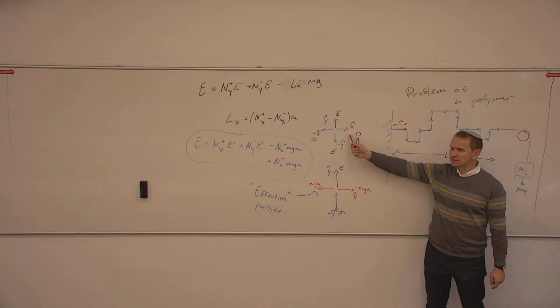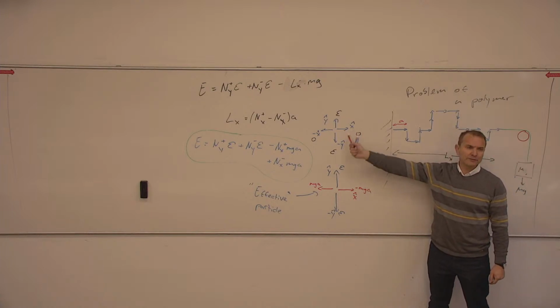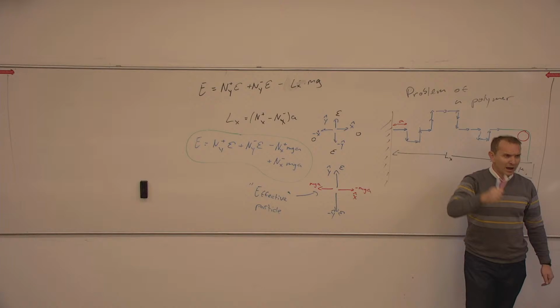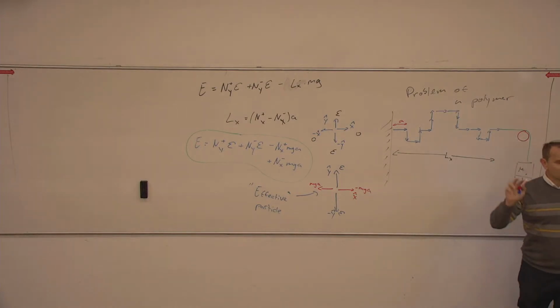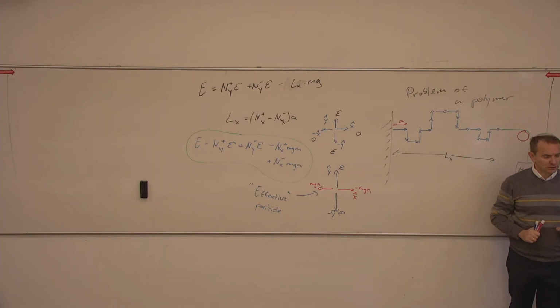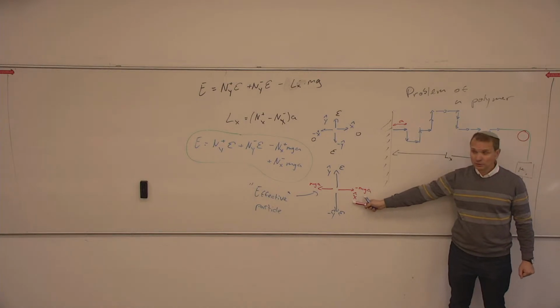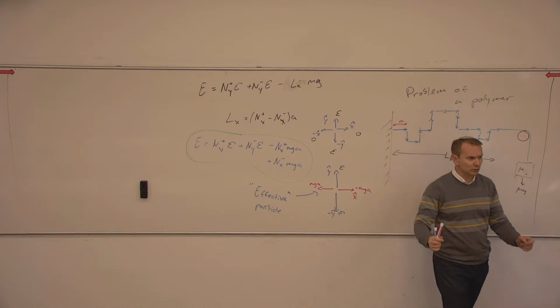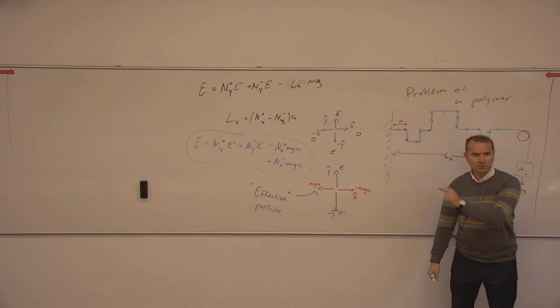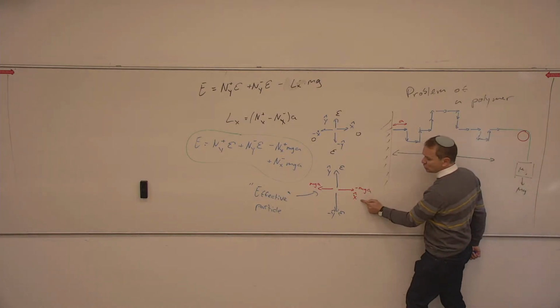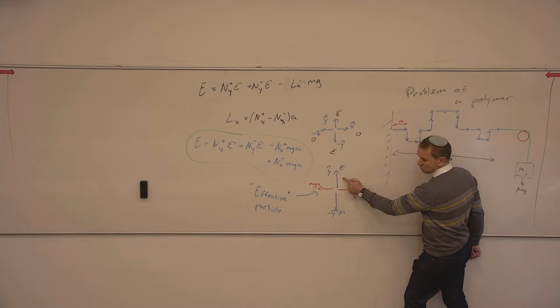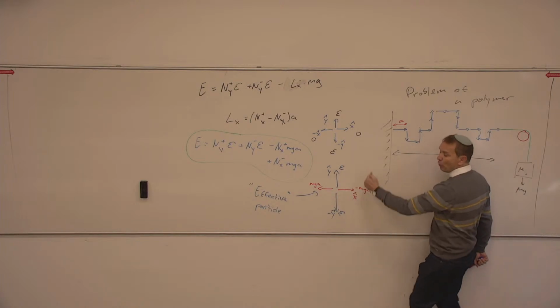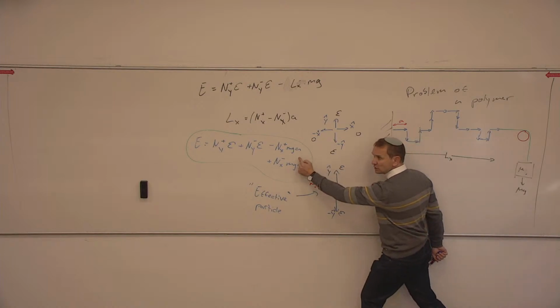It's not that this is not true. This is perfectly true. But in order for my prescription to work, I need to invent new particles. For those new particles, the energy is exactly the same. So if I want the total energy of the system, I just go over each particle and I see at which state the particle is, and I sum up all the different energies and I will get this expression.